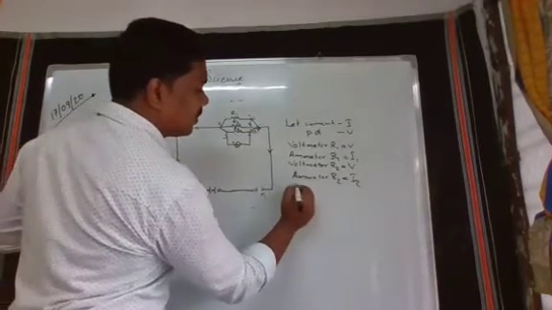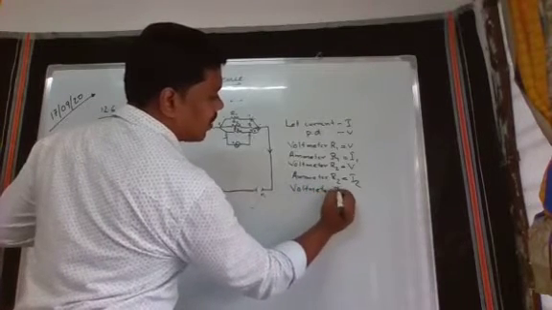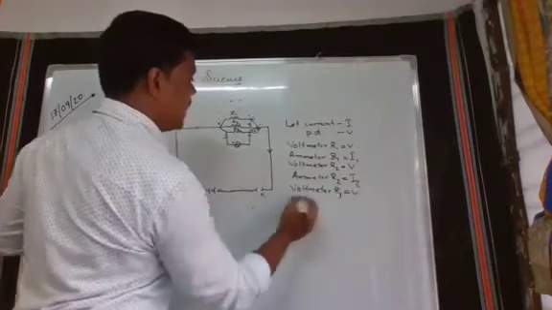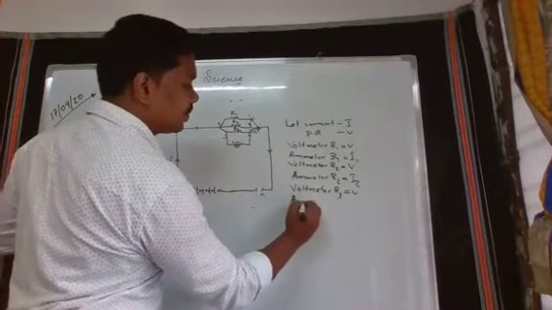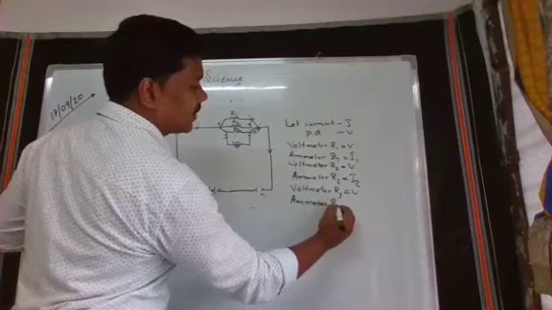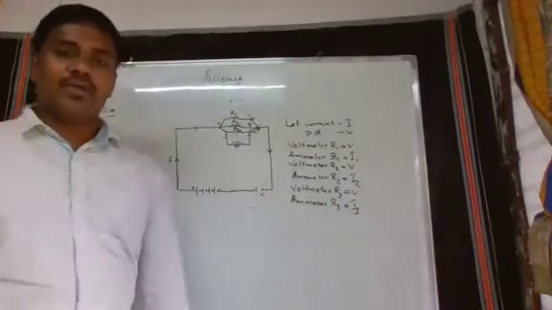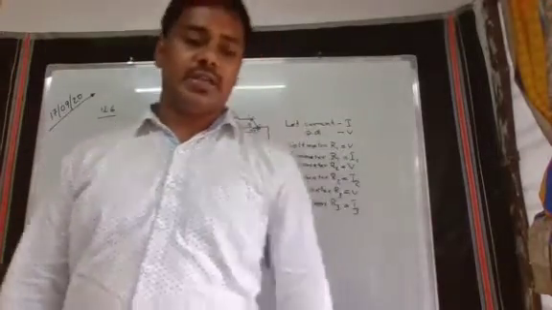The voltmeter reading across R3 is the same, and the ammeter reading across R3 is I3. It is different. Okay. From this, what can we understand?